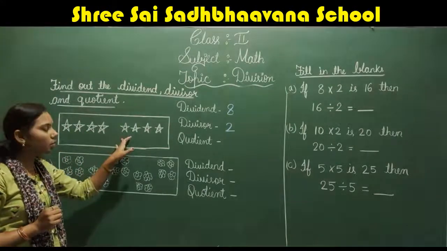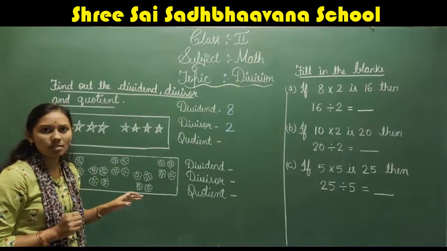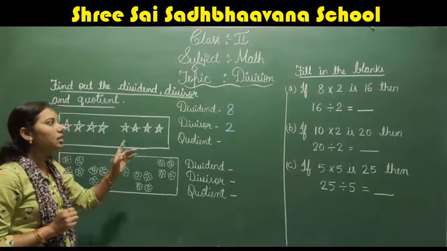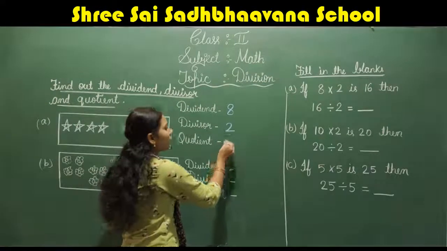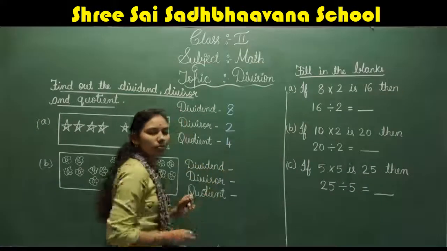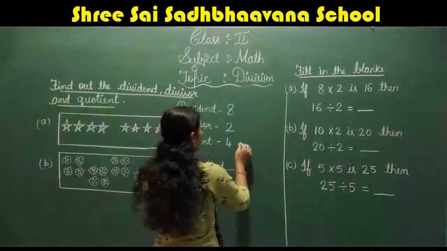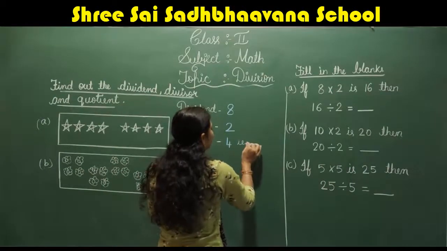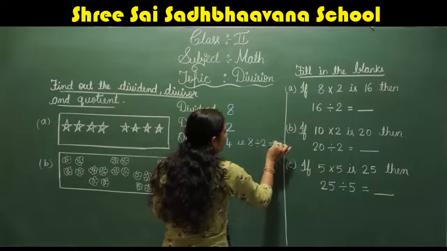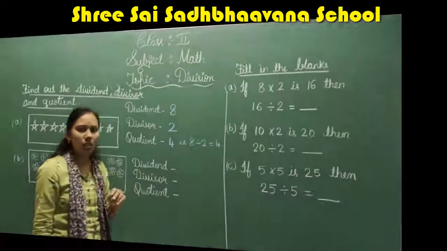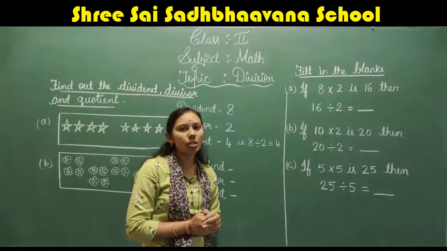In one more group, 1, 2, 3, 4 stars. So 8 divided by 2 is equal to 4.